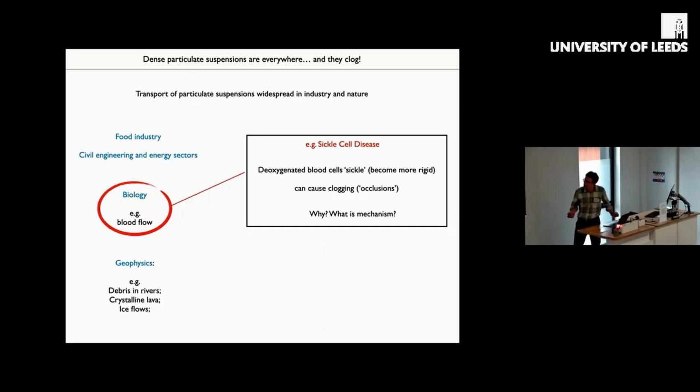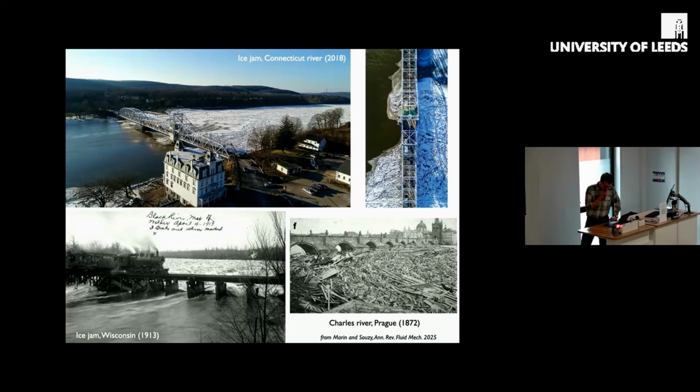And then there are applications in geophysics, which perhaps I'm more interested in, but are not really directly motivating what I'm talking about. I'm just going to show a slide of pictures, because this is quite interesting. There's a whole load of nice geophysical examples of clogging. These are mostly ice jams, which I think is a really interesting phenomenon. It happens a lot in North America.